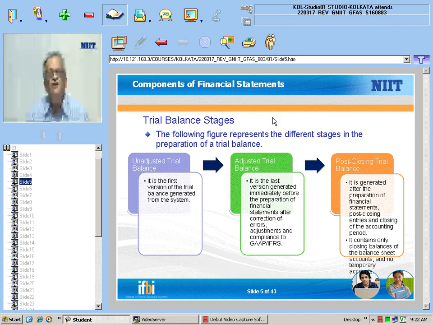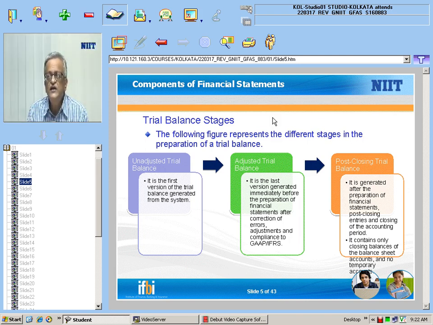Then finally we have another type of trial balance, which is called the post-closing trial balance. As you can see on your screen, it is generated after the preparation of financial statements. After the financial statements have been generated, this post-closing trial balance is taken.